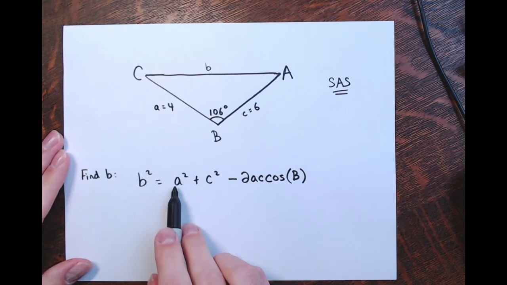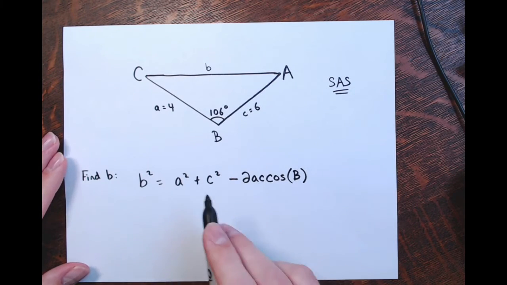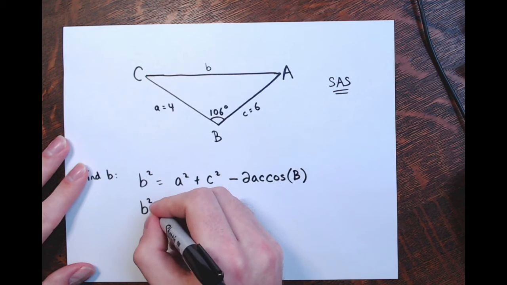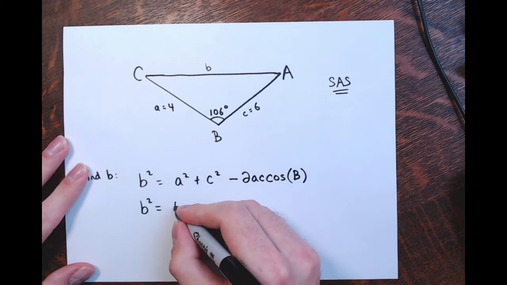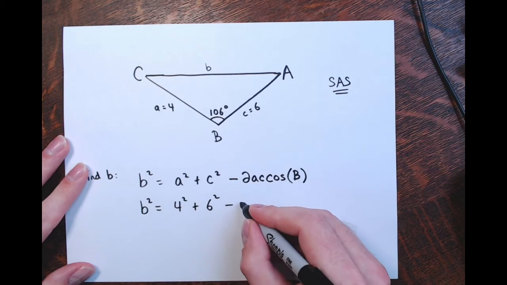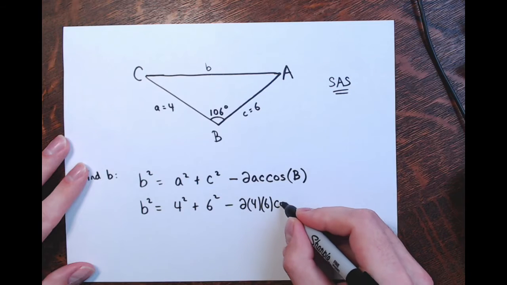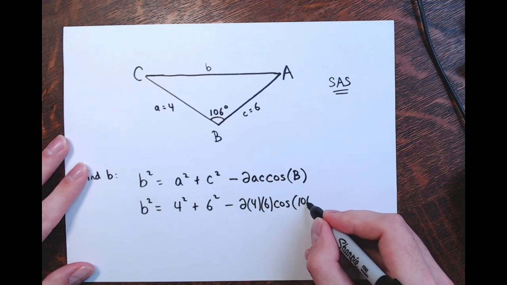Now again, I know everything over here. So to find side b, I would just need to take the square root. We'd have b squared equals 4 squared plus 6 squared minus 2 times 4 times 6 times the cosine of this 106 degrees.